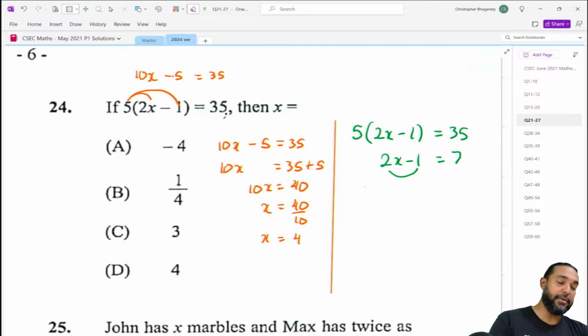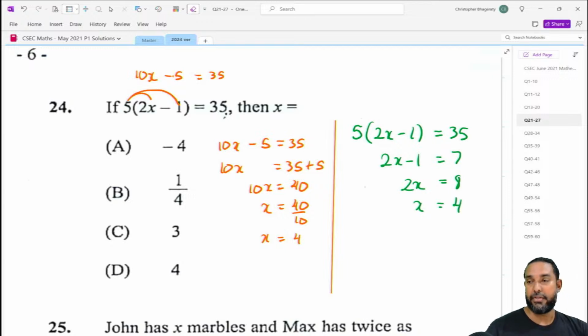Now, what number from which you minus 1 you get 7? 8. 8 is the only number that could fit there. So 2x is equal to 8, my bad. And then 2 multiplied by something is 8. The only thing you multiply by 2 and get 8 is 4. So again, you could think through it. Well, all of them you have to think through, but some could be done using a different style.